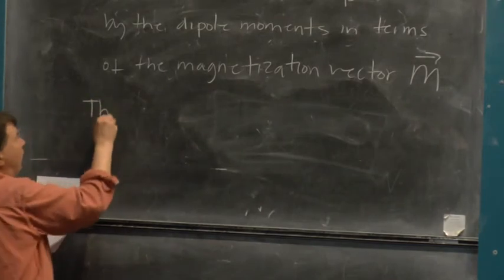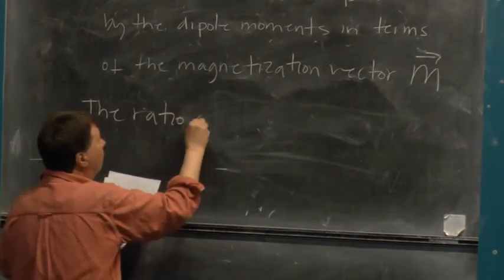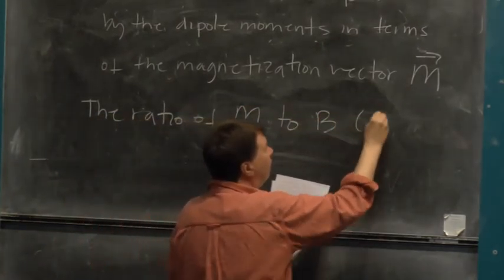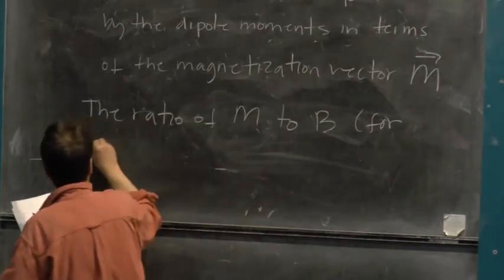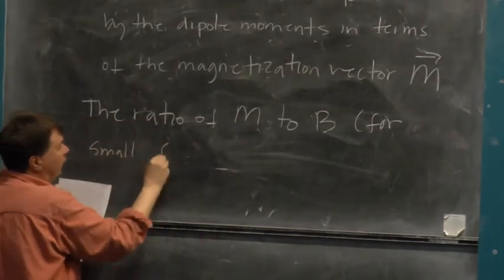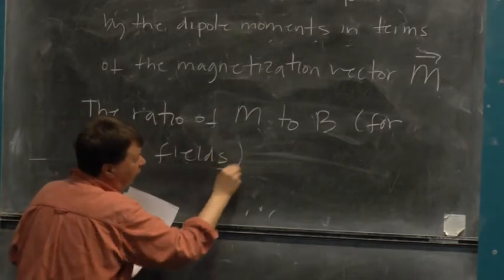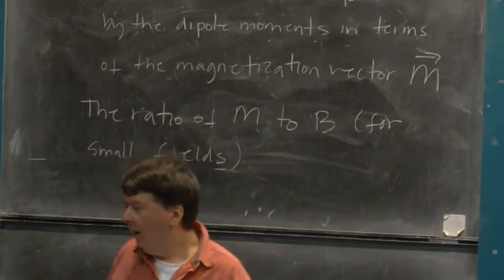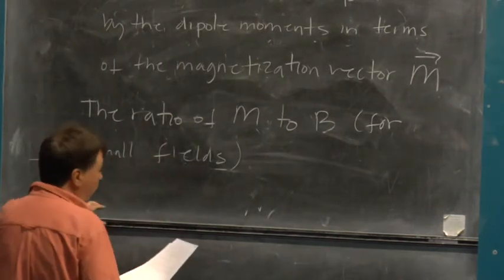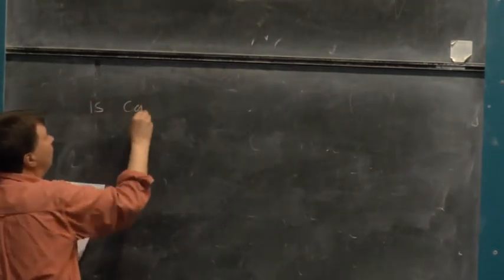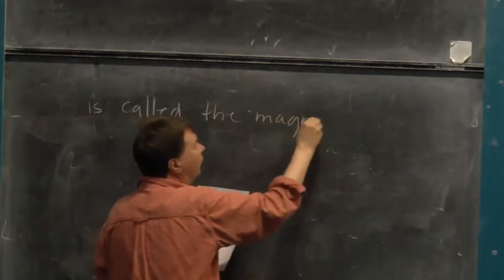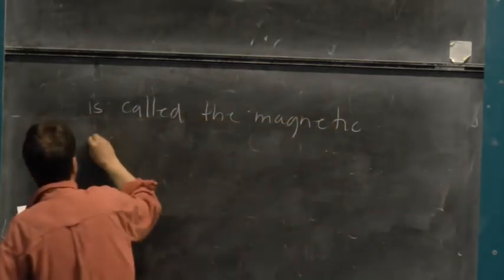So the ratio of M, the magnitude of this vector, to B for small fields, I should emphasize this approximation, and again why I've not pursued it too hard, is that it actually doesn't work for a lot of materials. However, it does work for small fields, and the ratio is called the magnetic susceptibility.